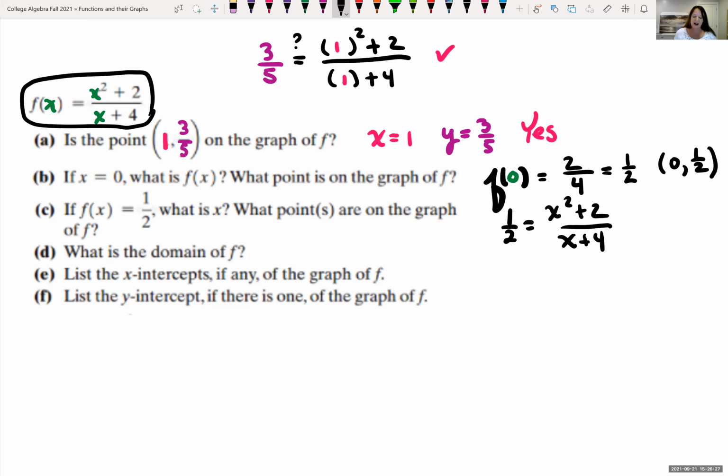There could be multiple values of x that give us back a y value of 1/2, but we want to find those. This is a rational equation. We've dealt with those before. We can clear the fraction by multiplying both sides by the LCD, which is 2 times x plus 4.